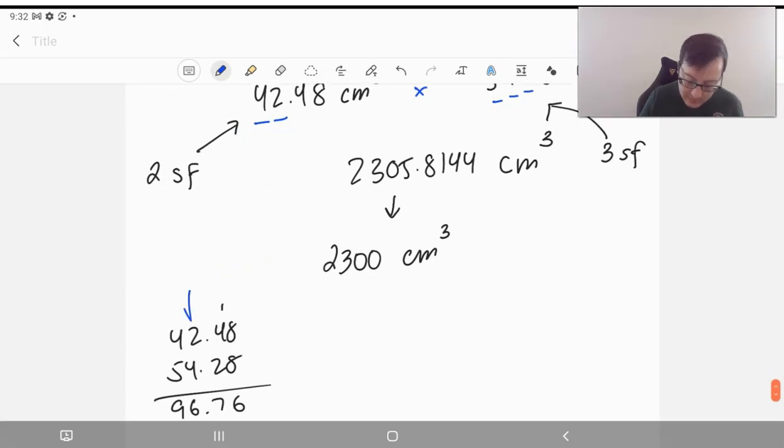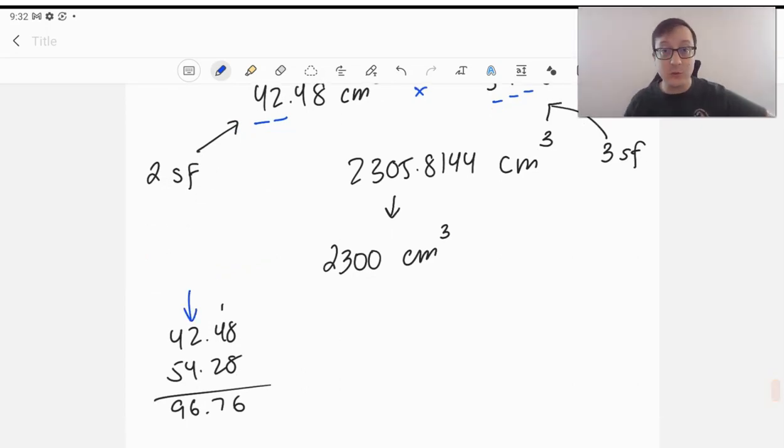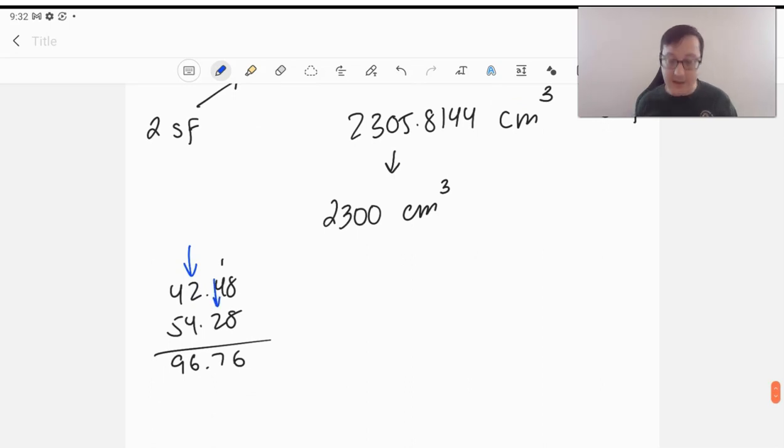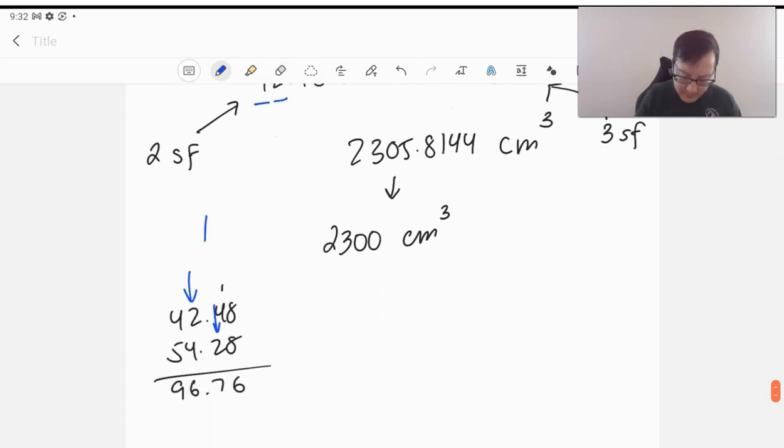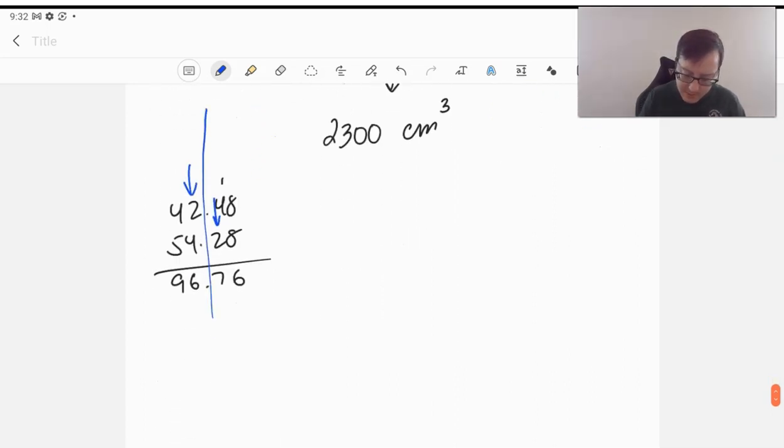That 42 had significance to the 2. Remember that that 48 would have been rounded away had we been done. And our second number has the 2 as the last significant digit, as we see here. And so we will need to round away. So this number becomes 97.